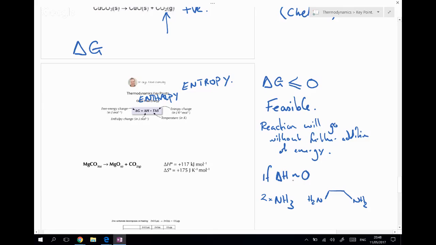So the change in enthalpies is pretty close to 0. And what that means is that the Gibbs free energy, the feasibility of the reaction, is dominated by entropy and a temperature change. And in that case, the reaction would favor something occurring if you had a positive entropy and you're increasing the disorder. So positive entropies are generally favored, certainly when you've got a relatively low enthalpy change.